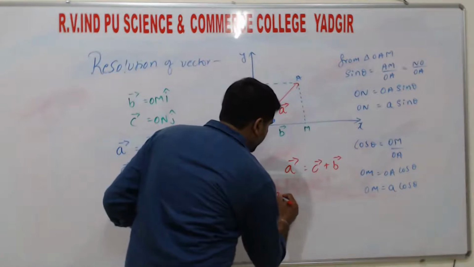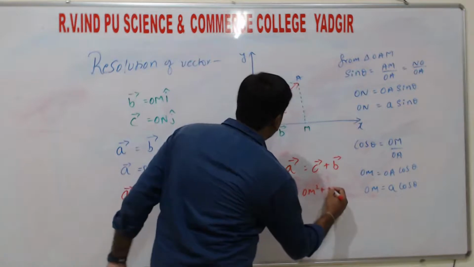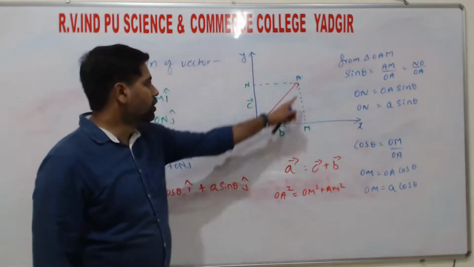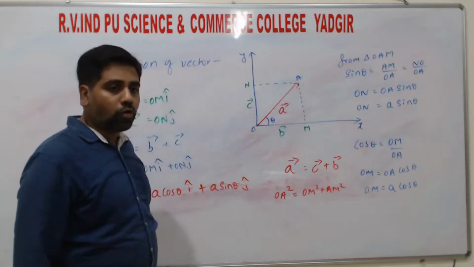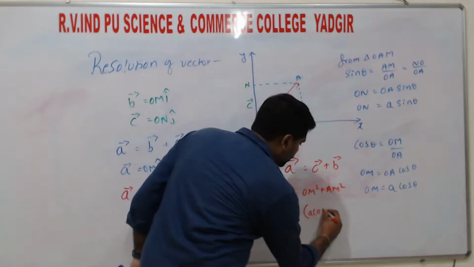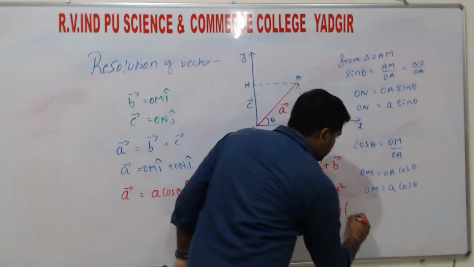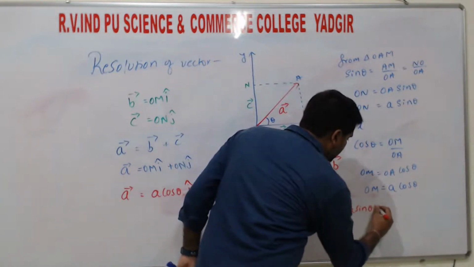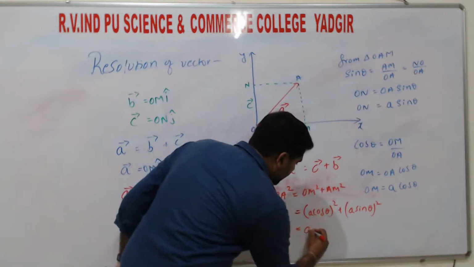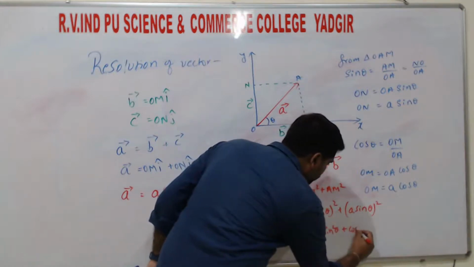From Pythagoras theorem we can write OA square is equal to OM square plus AM square, right? So AM is equal to ON. We have these values, OM is A cos theta whole square plus A sin theta whole square, then we get A square, taking common A square, we get sin square theta plus cos square theta.